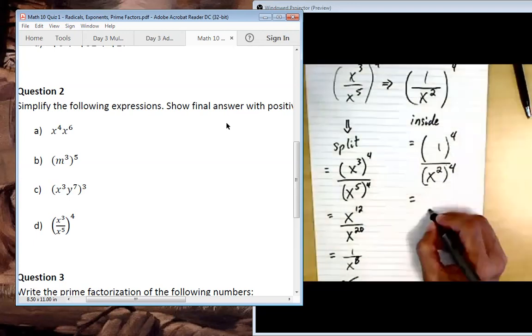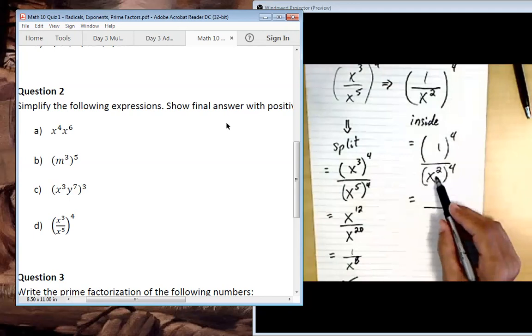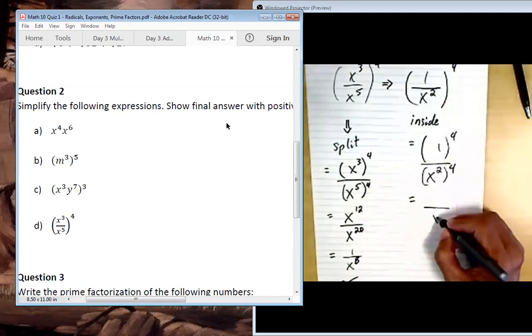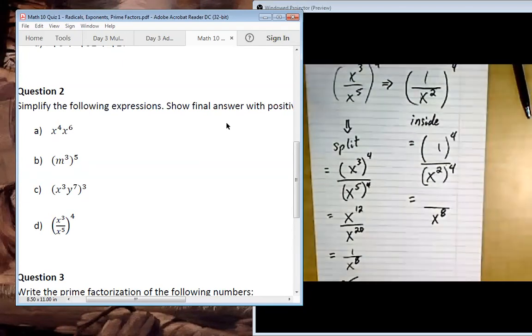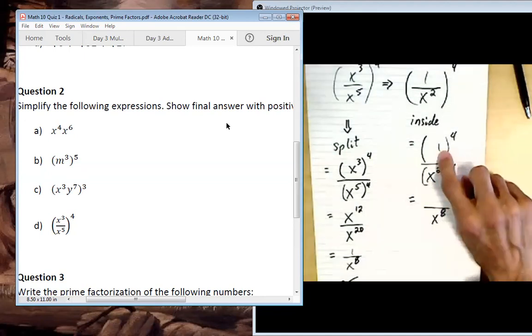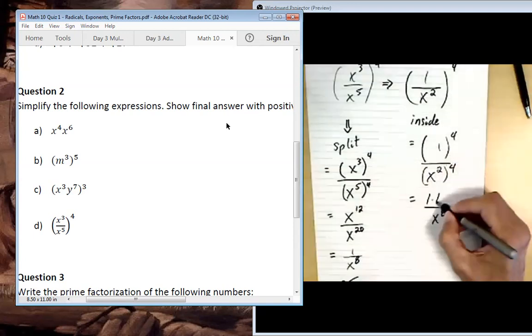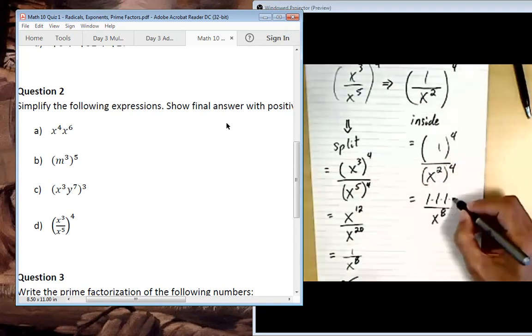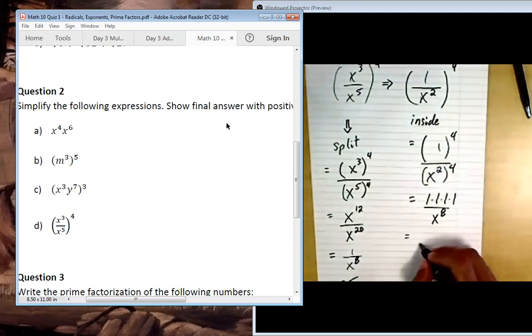So I'll do the hard one for you. In this situation, these exponents multiply, so we get x to the power of 8, right? You guys have the easy one. We have 4 1s multiplied together. 1, 1, 1, 1. So what's 1 times 1?